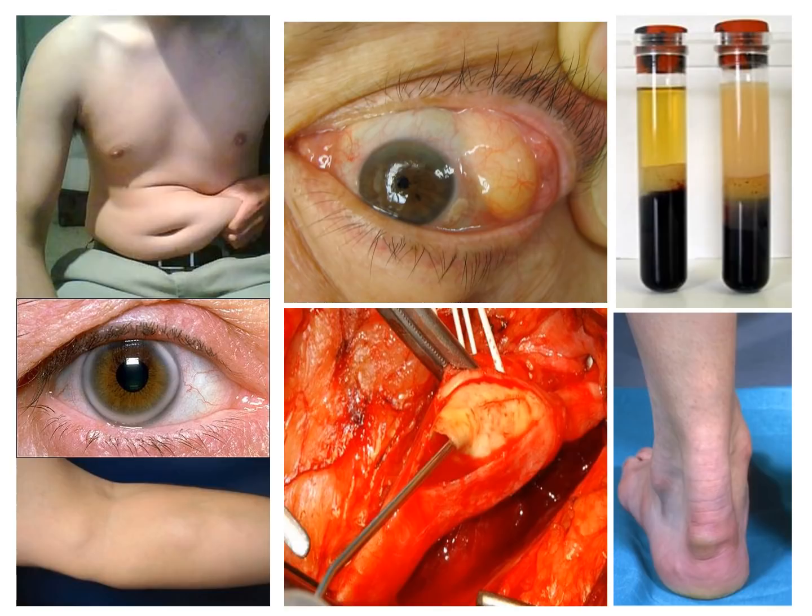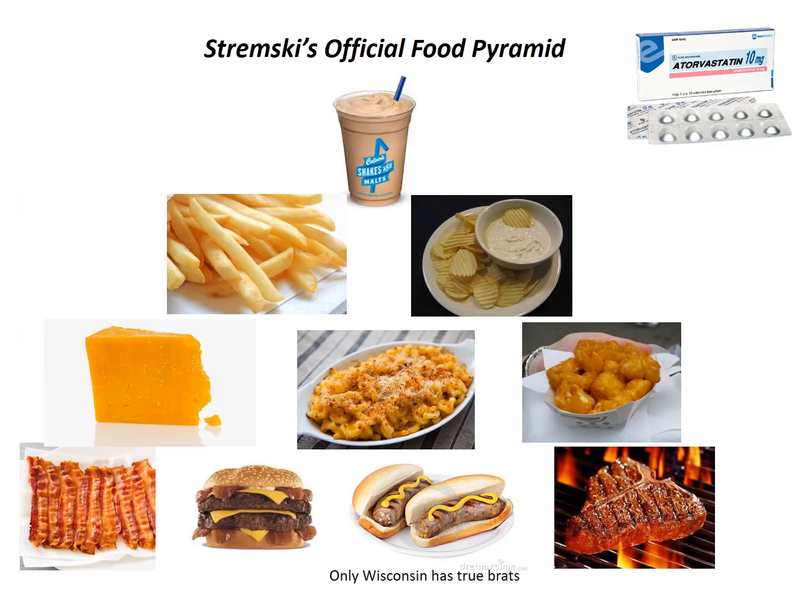So let's talk about the contributions of fats and lipids to vascular disease. Well, first let's have a little bit of fun here and talk about Dr. Stremski's official food pyramid.